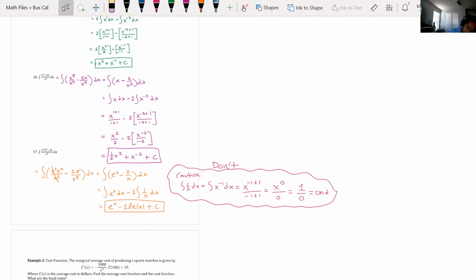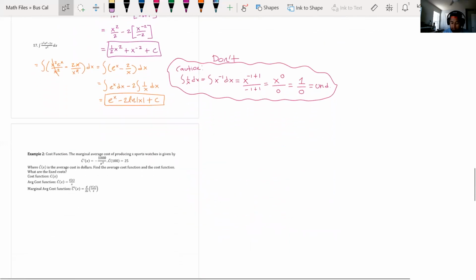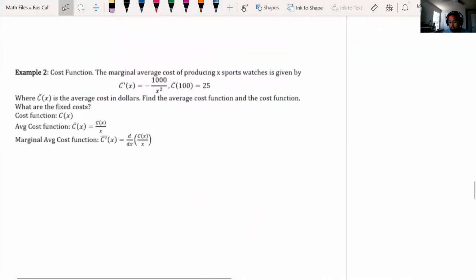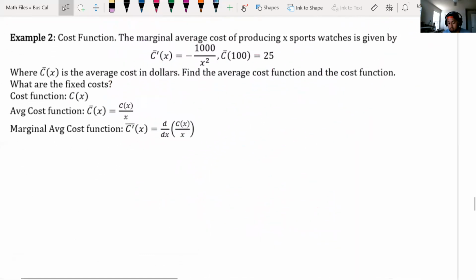Okay. All right then. Word problem. Example 2. The marginal average cost of producing X sports watches is given by C bar prime of X equal to negative 1,000 over X squared.